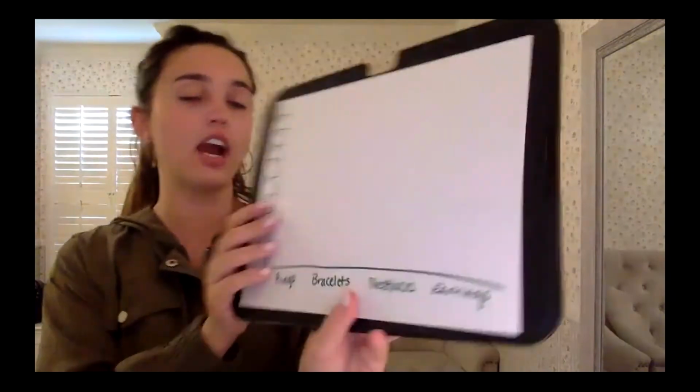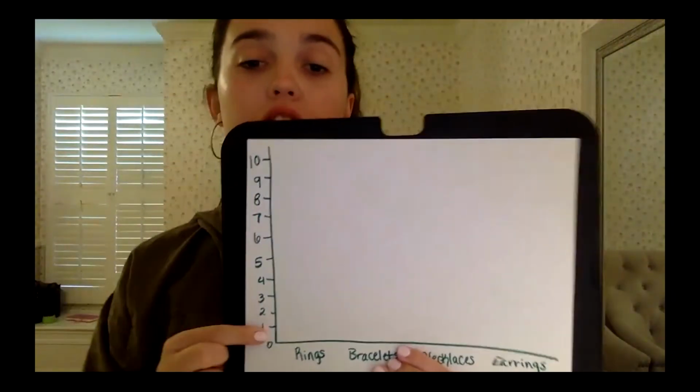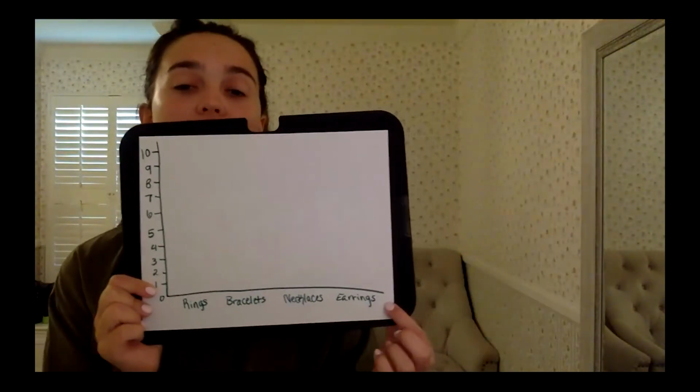So now I have both the x-axis and the y-axis taken care of because I have my numbers on the y-axis, my items on the x-axis. Now we just need to create a label so that the audience knows what we are talking about. So I'm actually going to grab another color and for the x-axis, I'm going to say jewelry items.